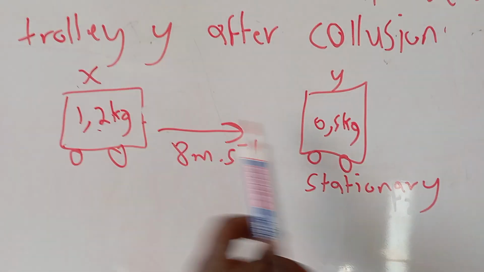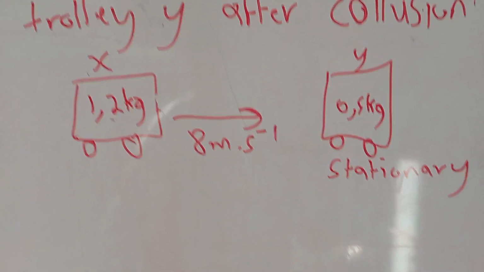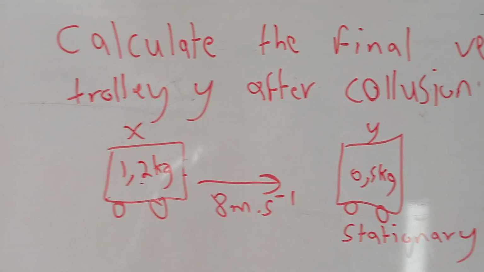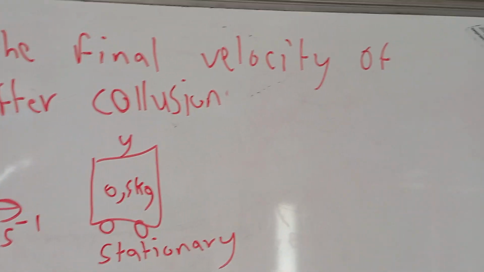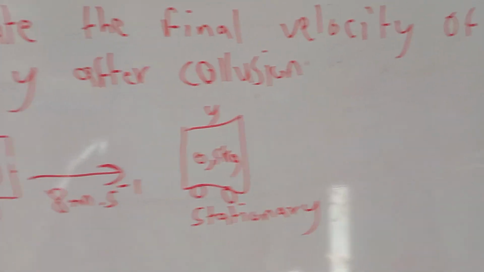And this one is moving that way, so it's moving towards trolley Y. So here we're calculating the final velocity of trolley Y after collision.